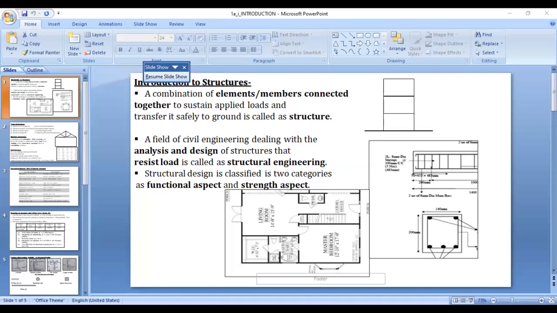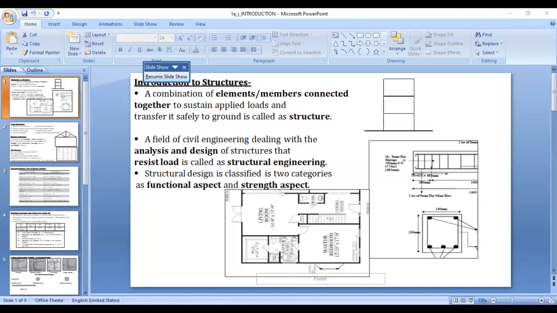The width of this flange is denoted by BF, and TF is the thickness of the flange. Small h is the height of the section. TW is the thickness of the web. Root radius is denoted by R1, and root radius at the toe is denoted by R2.